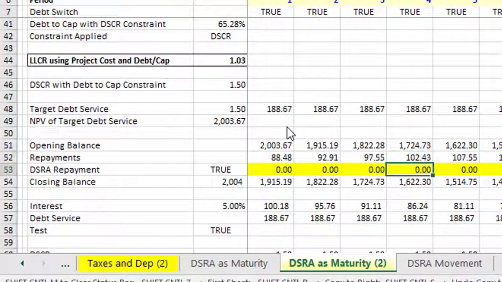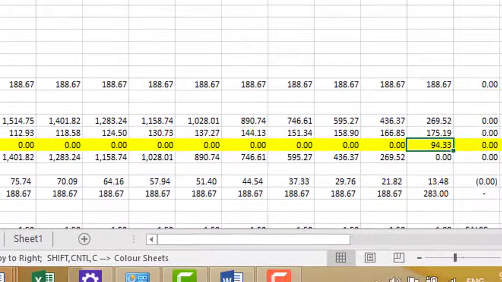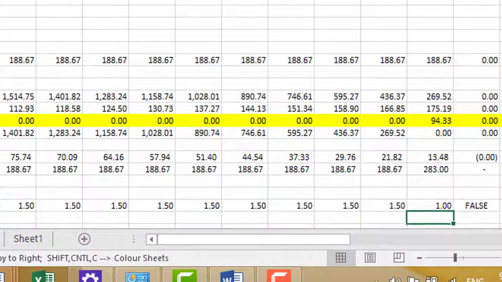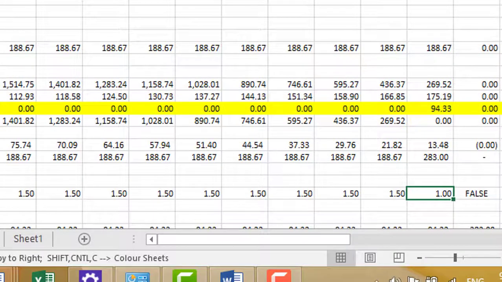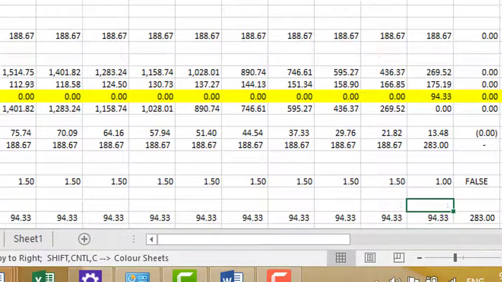Essentially, we have a little bit of a bullet payment right at the end. It's really what this almost is. And this bullet payment allows you to increase the debt capacity and, at least in all these years except the last one, achieve the same debt service coverage ratio. That's the idea.